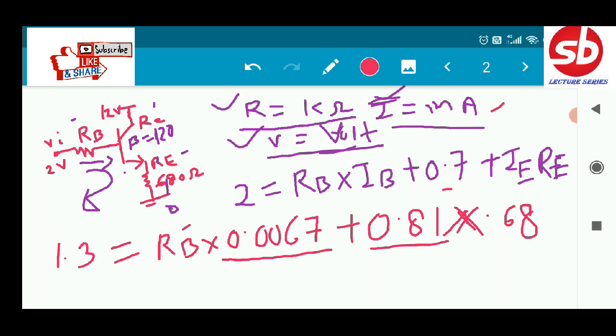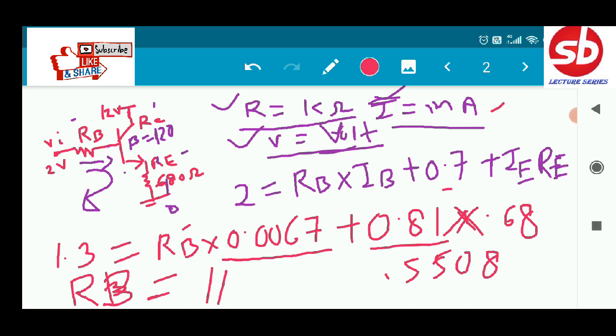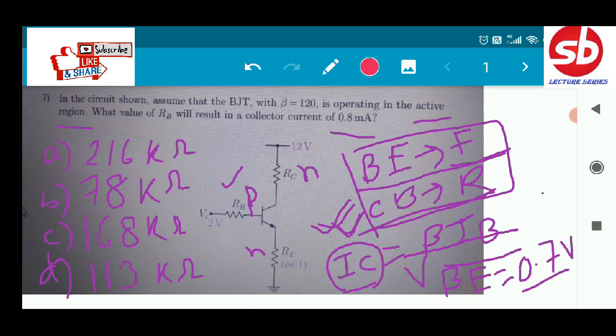So we multiply 0.81 into 0.68, which gives 0.5508. Then 1.3 minus 0.5508, divided by 0.0067, gives RB almost equal to 112 kilo ohm, and your nearest answer is 113 kilo ohm.